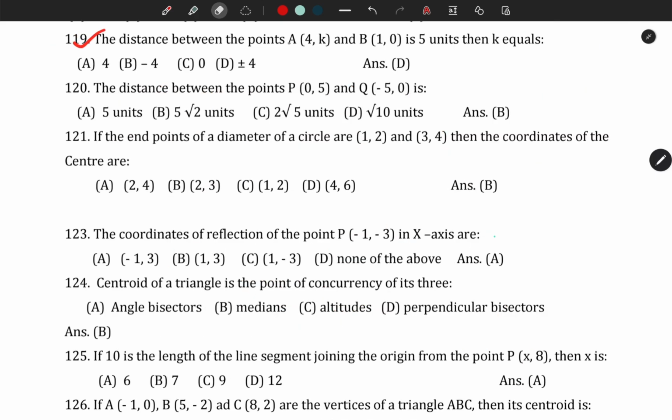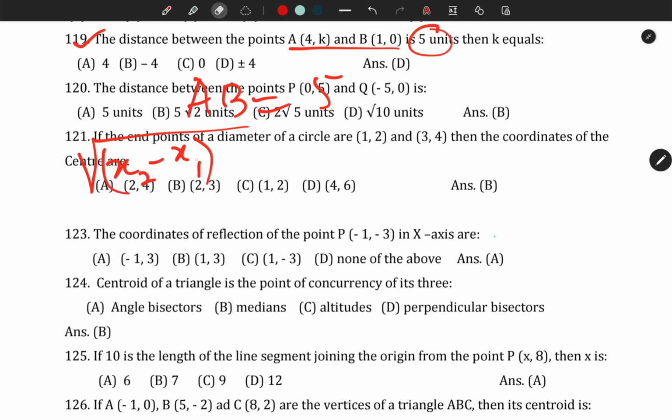Next question, the distance between the points A and B is 5 units. So the distance AB is given to be 5 and we know the distance formula is root over x2 minus x1, or x1 minus x2, whole thing squared, plus y2 minus y1 whole thing squared.